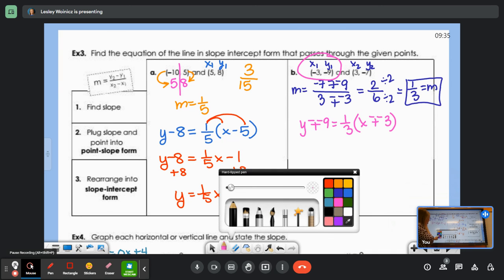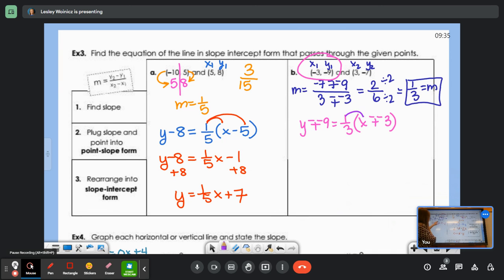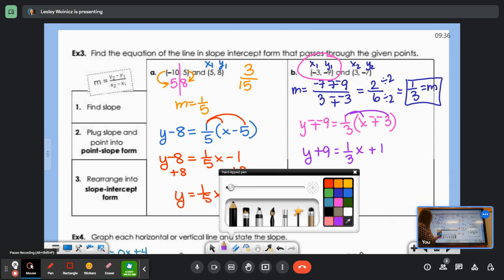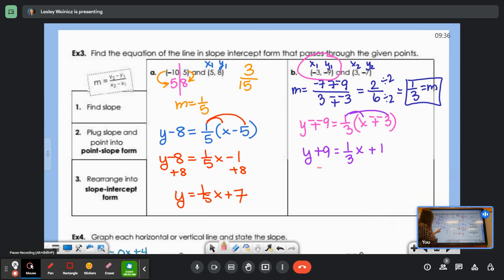All right, now I have to distribute my 1/3. And I get y plus 9 equals 1/3 x. 1/3 of 3 is just 1. Okay, now I'm going to subtract away my 9. And I get y equals 1/3 x minus 8. That's it. All done.